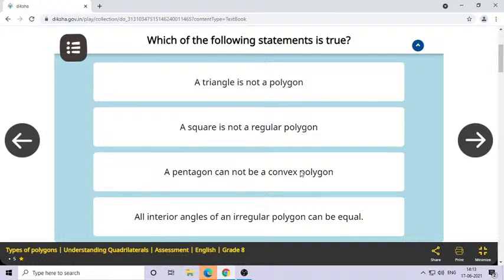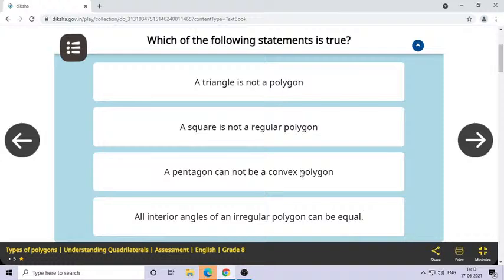A pentagon cannot be a convex polygon. Is it true? Okay.